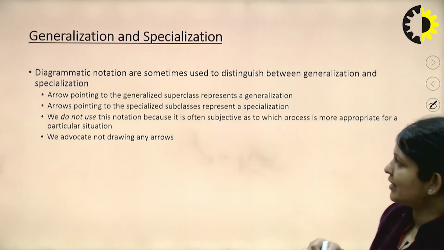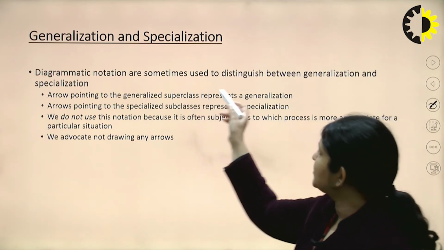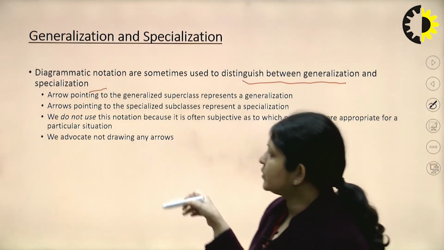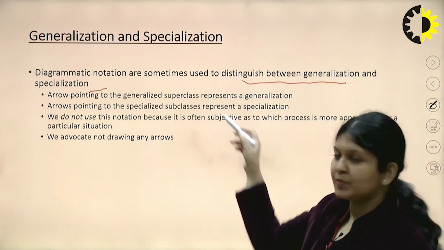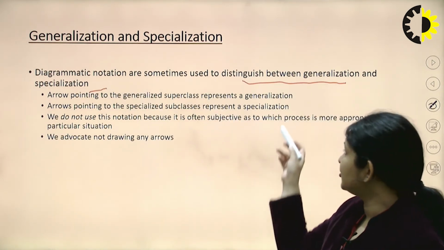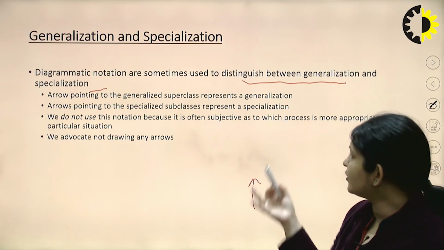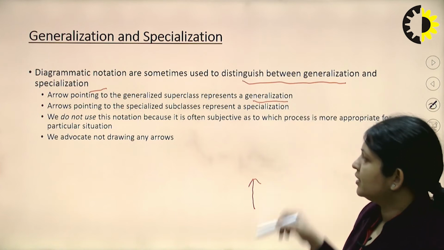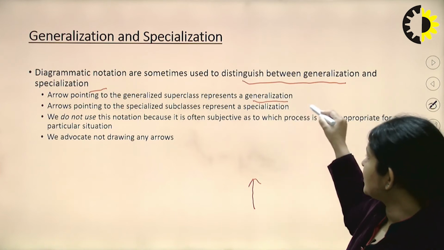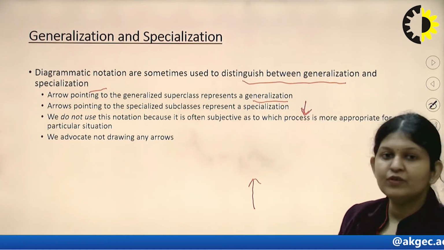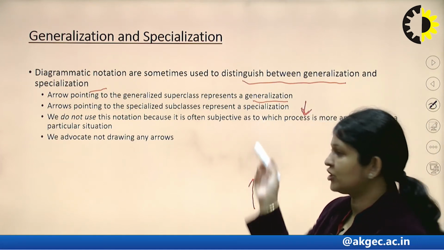Diagrammatic notations are sometimes used to distinguish between generalization and specialization. An arrow pointing to the generalized superclass represents a generalization, that is, an upward arrow represents generalization. Arrows pointing to the specialized classes, that is, downward arrows, represent specialization.